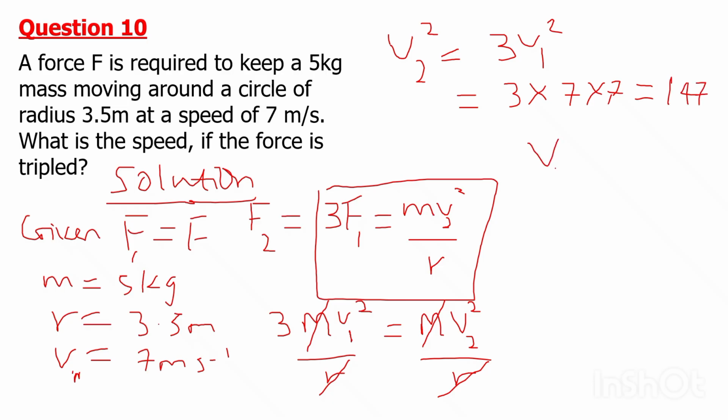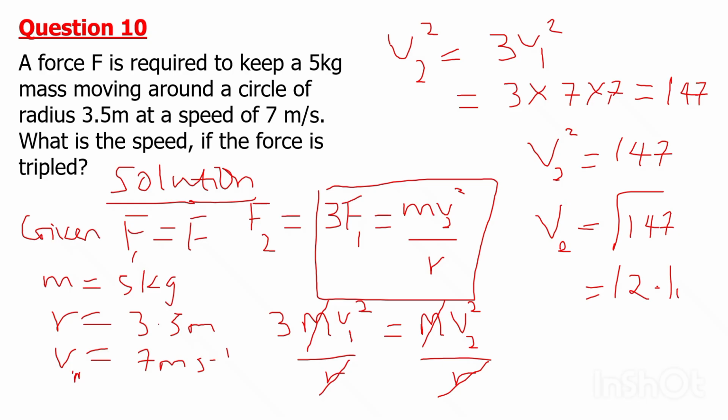So V2 squared is equal to 147. Then V2 will be square root of 147, and that will give us 12.1 meters per second.